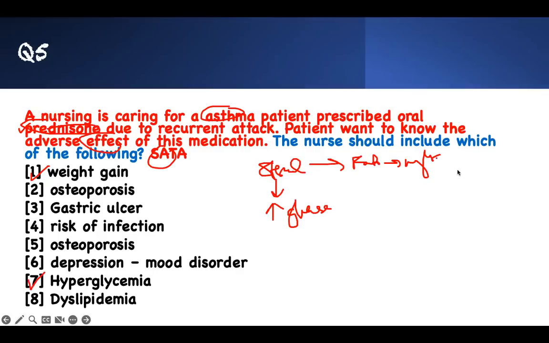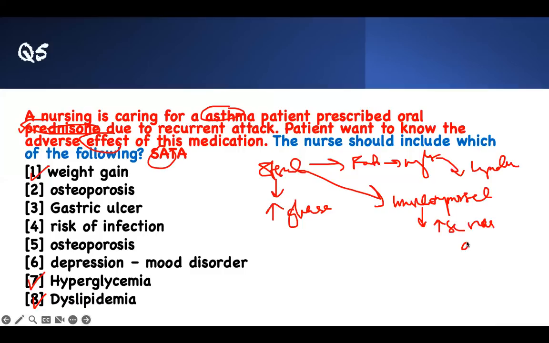If you gain weight and deposit fat, you have dyslipidemia. So this is where we have it. It's immunocompromising. It makes you immunocompromised. Because of that, you have high rates of infection. So what will you do? You've got to be careful.